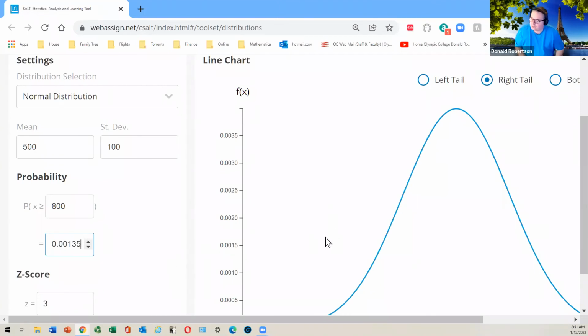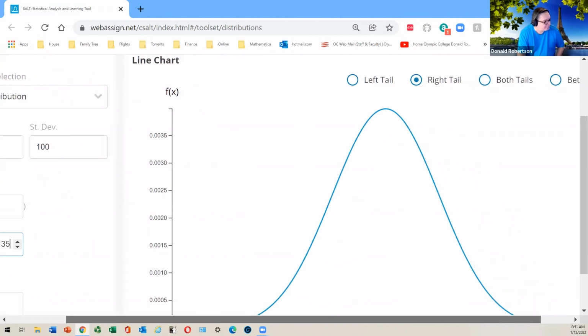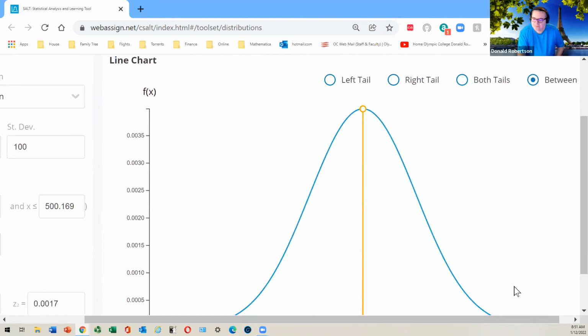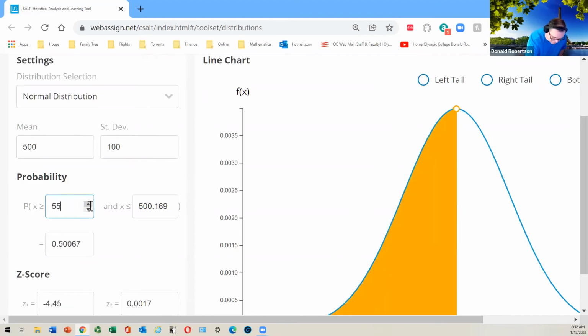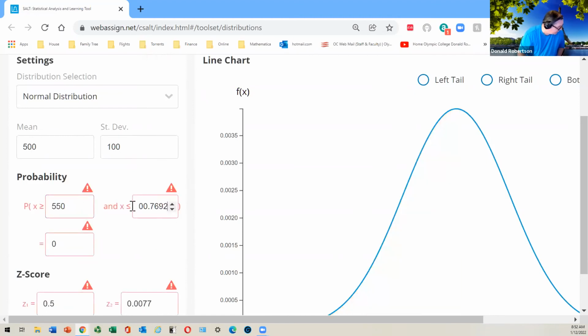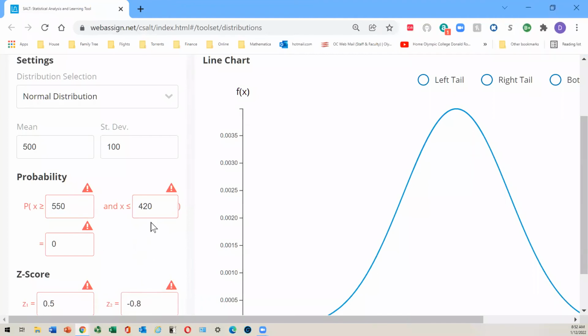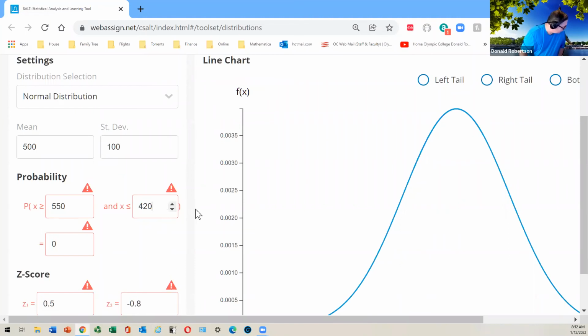So isn't that kind of cool? You can find bigger than, you can find less than, you can actually find between. Let me click on it. You want a between? I'd like to know how many people have a score bigger than 550 and less than 420. I got it wrong. It's only 420.